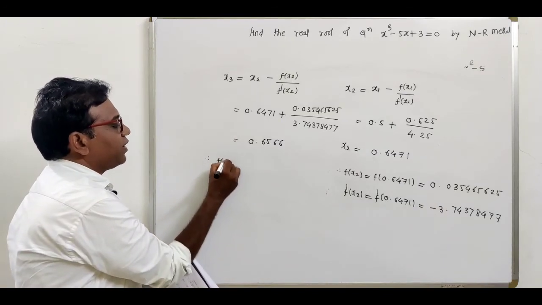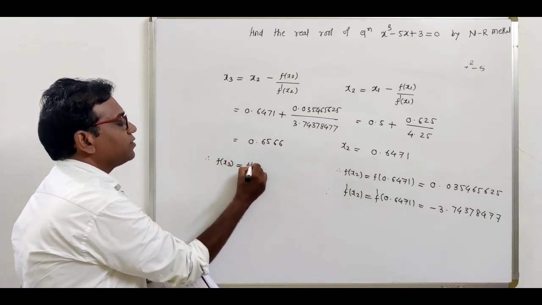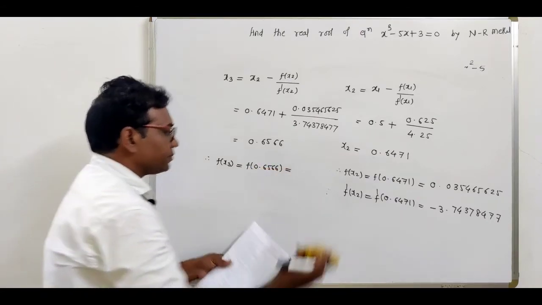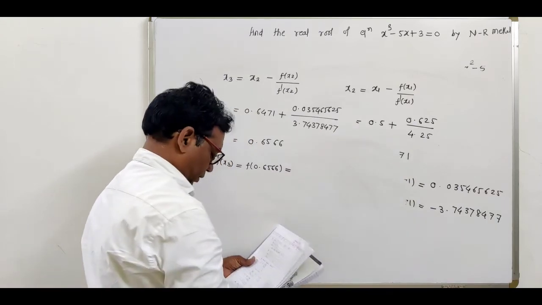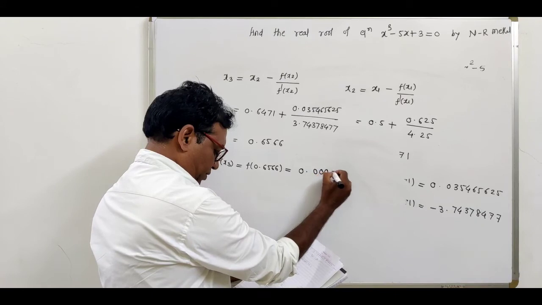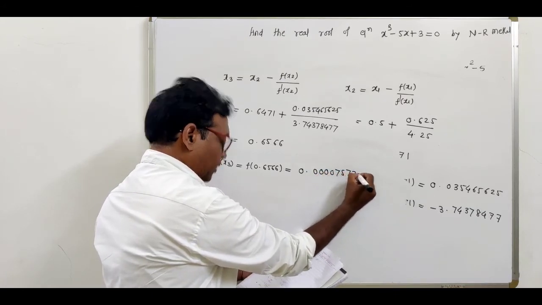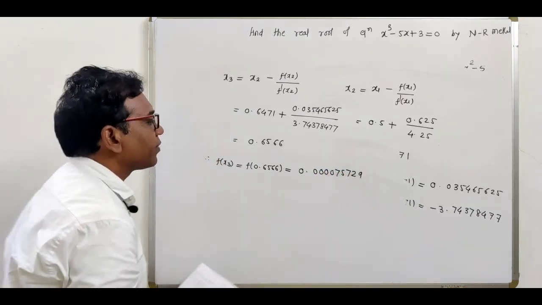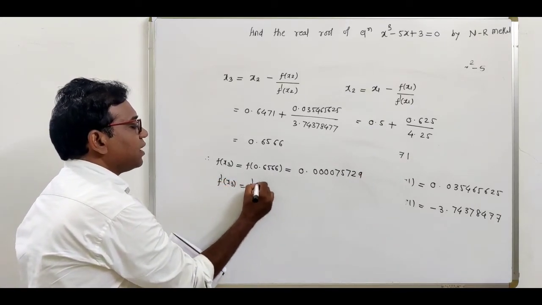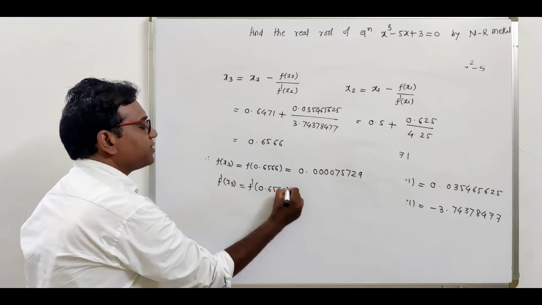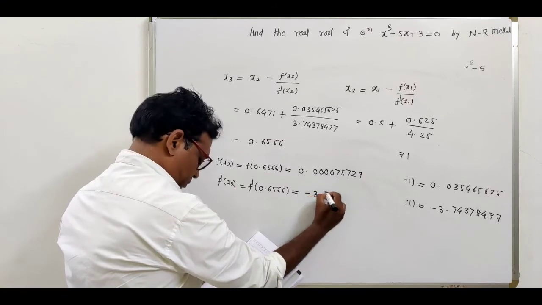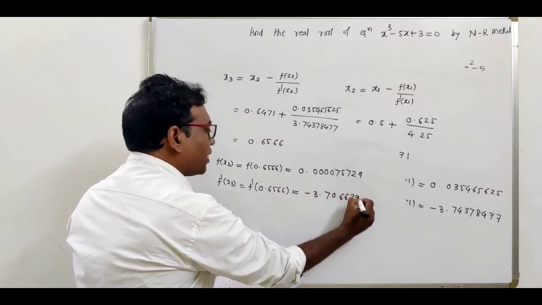Again find out the functional value f of x3. This is f of 0.6566, which is nothing but 0.000075729. Find out f dash x3. This is f dash 0.6566, which is nothing but minus 3.70662932.